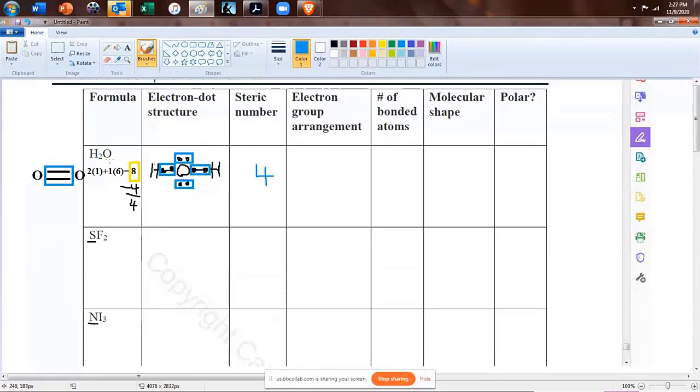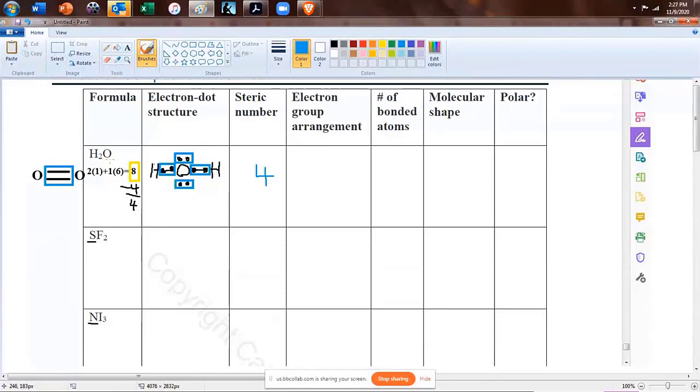Oxygen, however, has 6 valence electrons, so I'd say 1 oxygen atom times 6 valence electrons. The total number of valence electrons for water here is going to be 8.